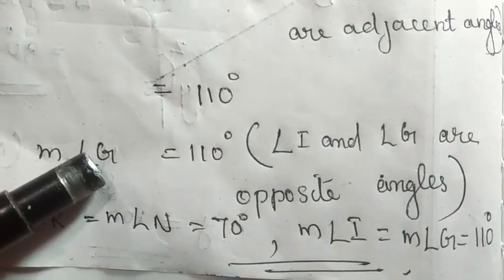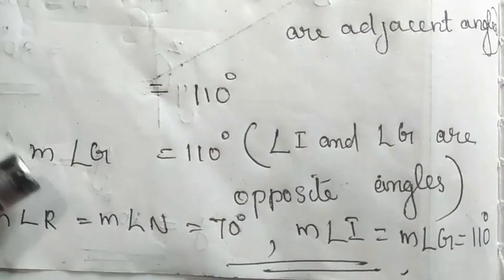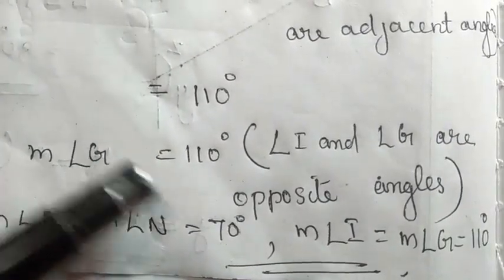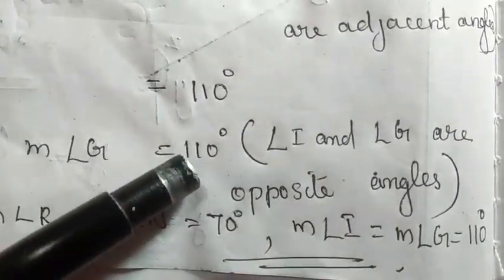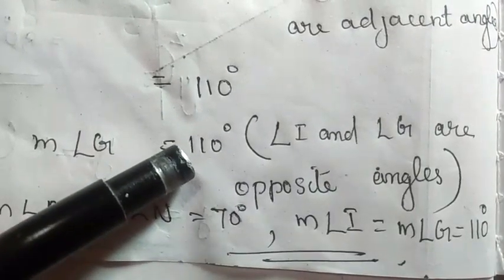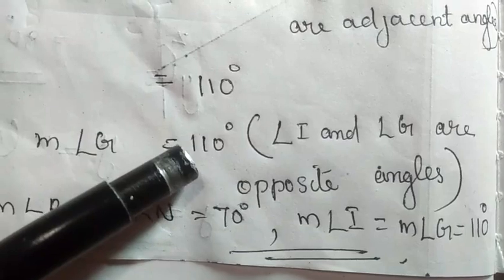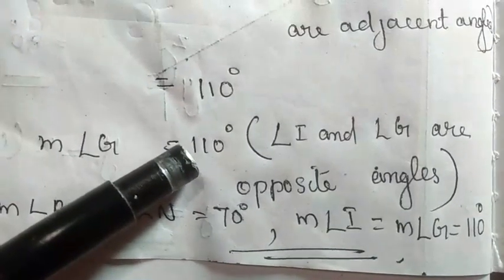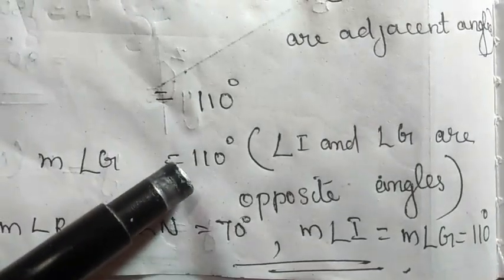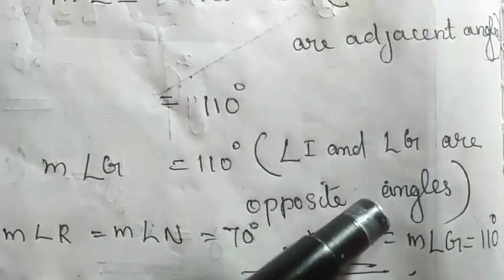Now, we got all the other three angles. The rest of angle is measure of angle G. Here, G is opposite to which angle? I. Therefore, what is the measure of angle I? 110 degree. We can write measure of G also 110 degree because they are opposite angles.